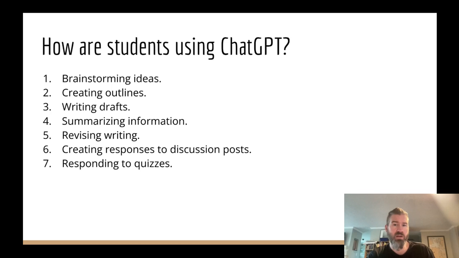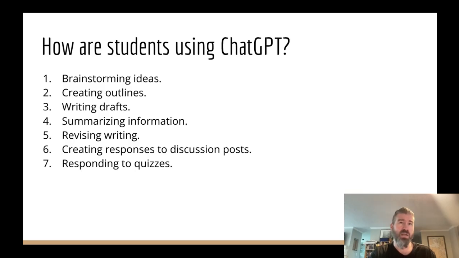So how are students using it? Brainstorming ideas, creating outlines, writing drafts, summarizing information. So, hey, here's an article. Tell me what the important parts of it are. Revising, writing, creating responses to discussion posts. I've seen it. To me, it's relatively obvious.